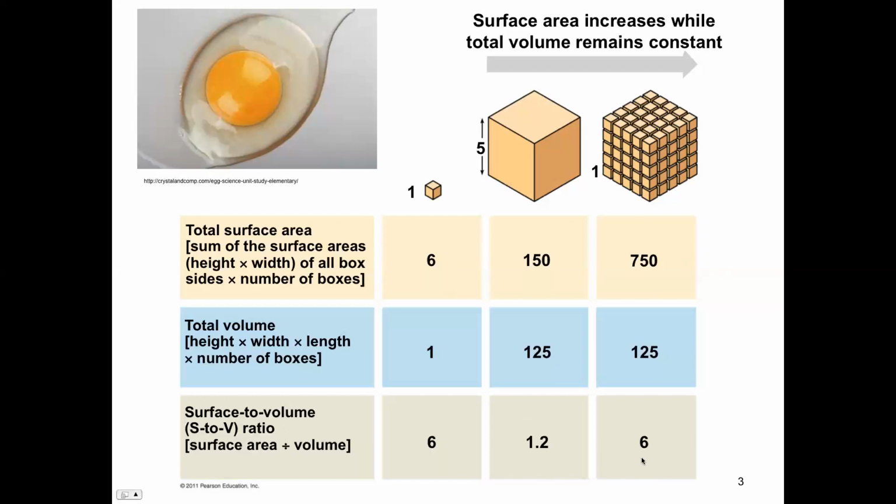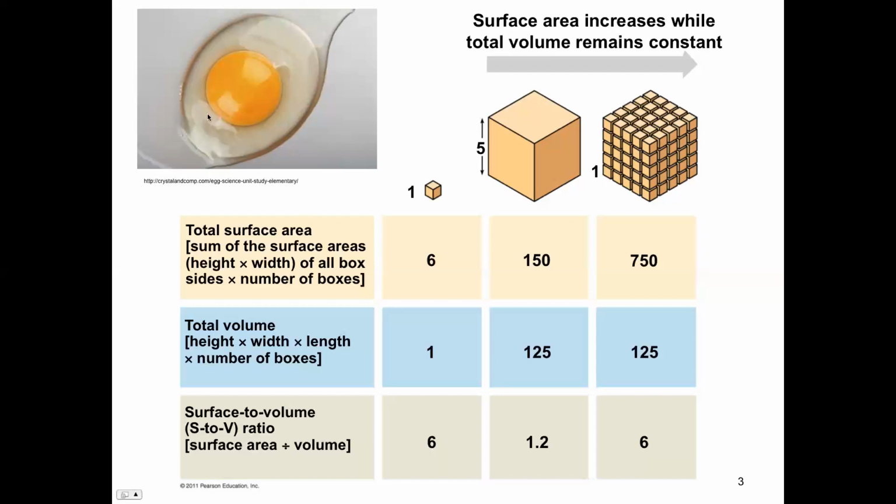Now, the reason this is important is because for cells to function, there has to be exchange between the outside and the inside. And if there isn't enough surface area to the volume, it's a very inefficient process and the cells will die. So basically what happens is that cells get to a certain point and they have to divide, otherwise they won't function efficiently. All right, so this is the idea here. Okay, and oh yeah, if you remember why I have the egg here. So this is a single cell, right?